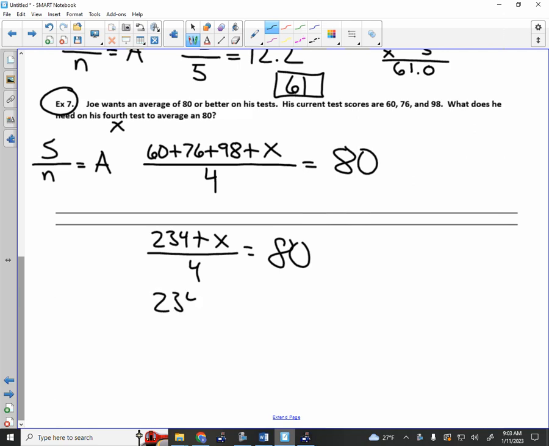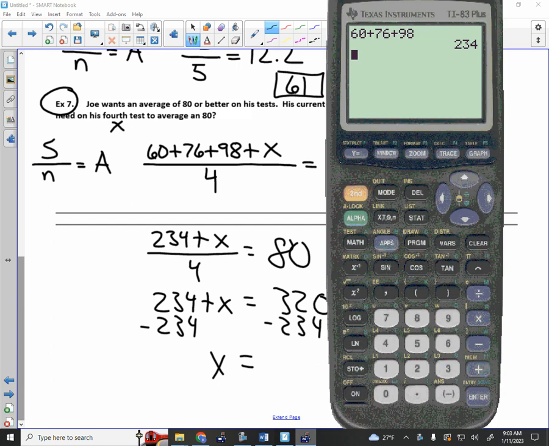So I get 234 plus X is equal to 320, because 4 times 80 is 320. And now what do we do? You just subtract the 234 from both sides, right? Minus 234, minus 234. X is 320 minus 234. I think you get 86.